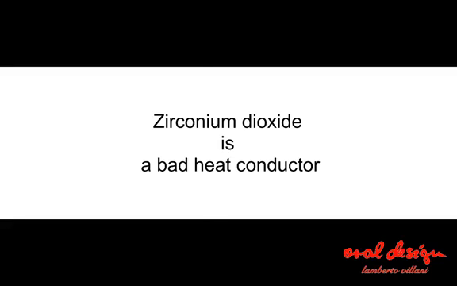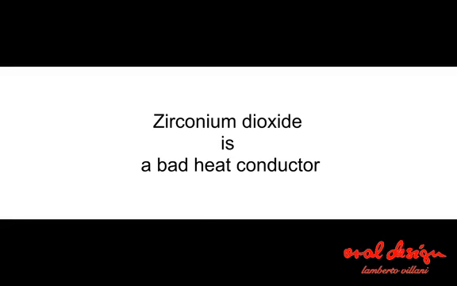Zirconium dioxide is a very bad heat conductor, meaning it takes a long time to take heat, and it takes a long time to release the heat after baking. So what does that mean?